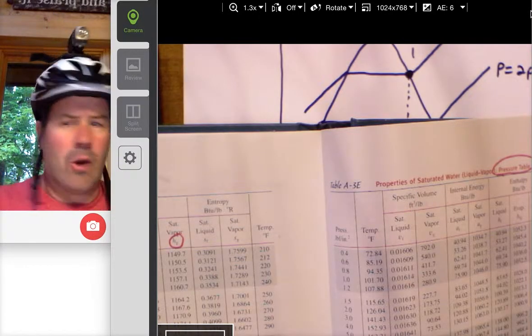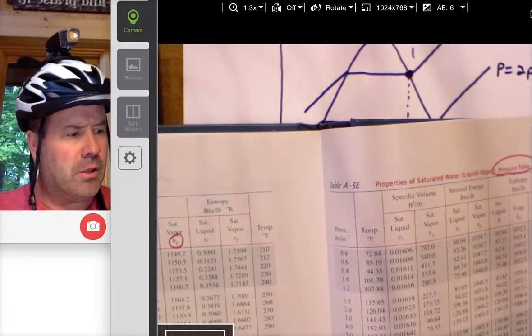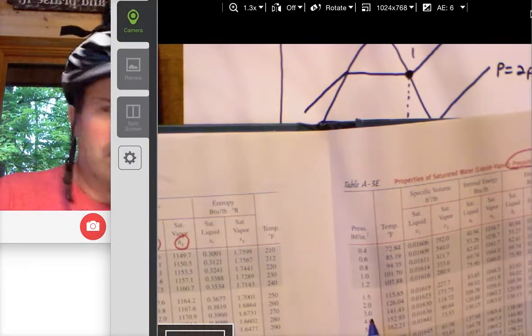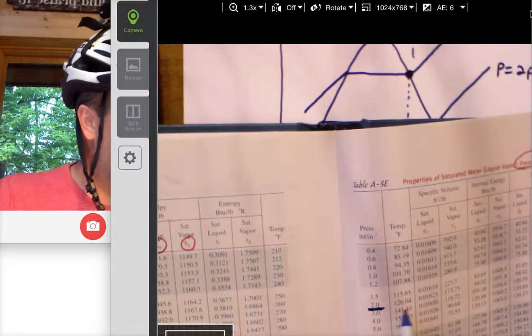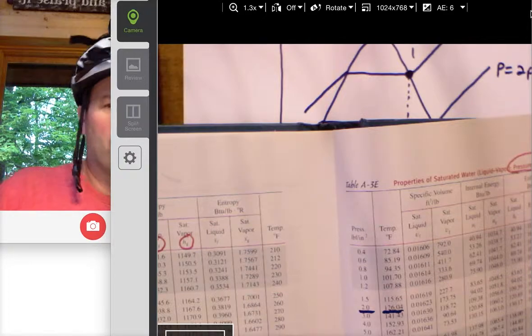All right. Well, I hope that the easiest thing for you to find was the temperature, and you flipped back, still on table A3E, went to a pressure of 2 and a temperature of 126.04.